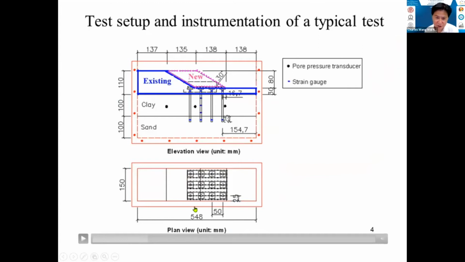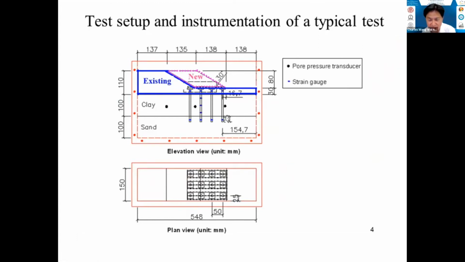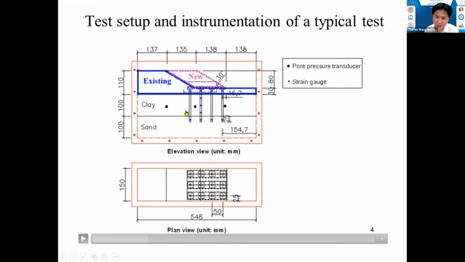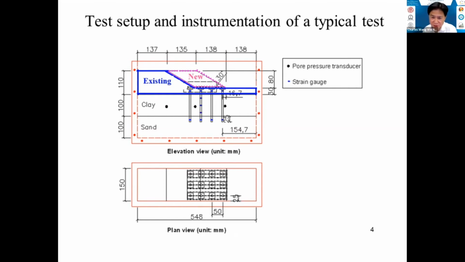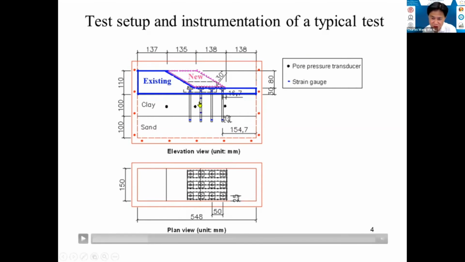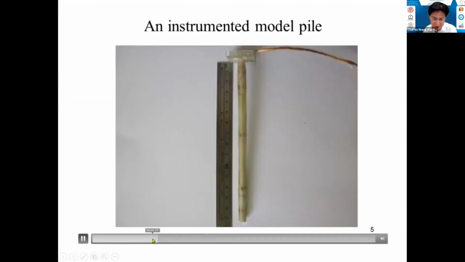In order to simulate this, of course, one can do three-dimensional numerical modeling, but as I already explained, we need some sort of physical test to give us confidence that the numerical modeling results are reasonable. So we were asked by clients in the mainland to carry out a physical model test, and this is the model part.